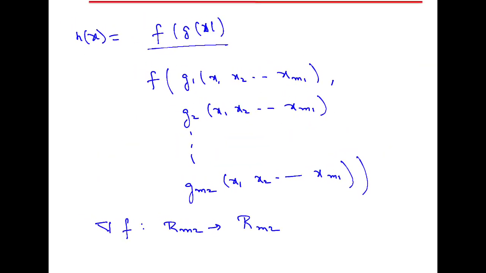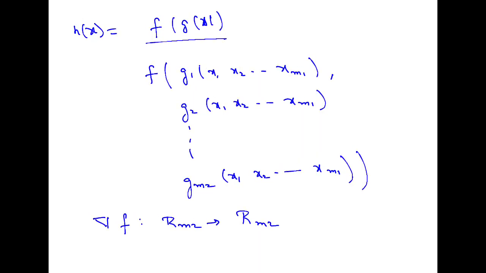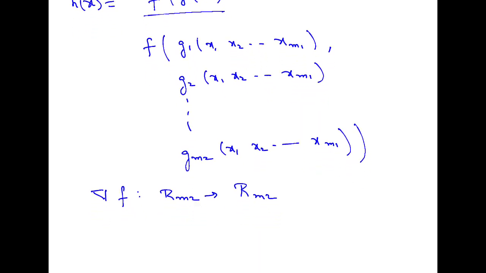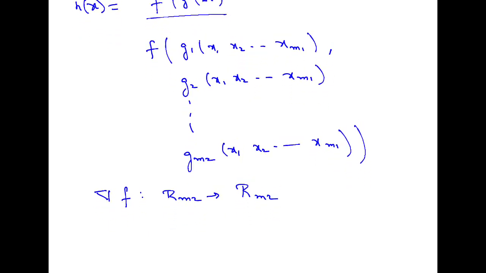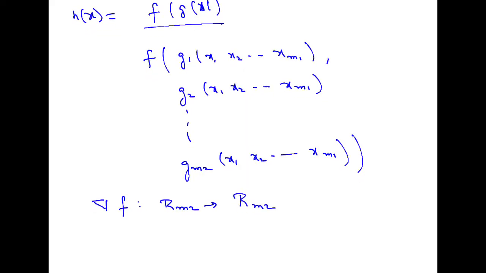So yeah, gradient of F would become M2 to M1. And gradient of G would become R M1 to R M2 cross M1.